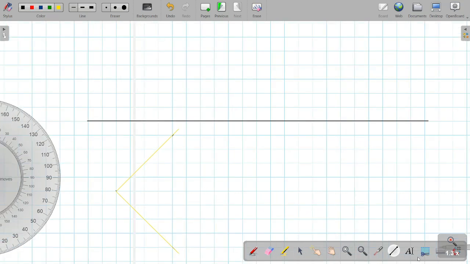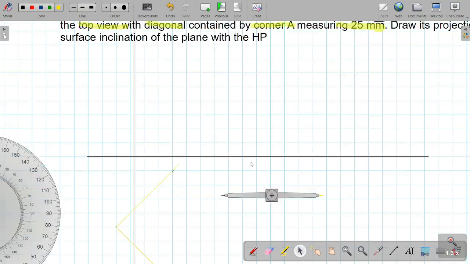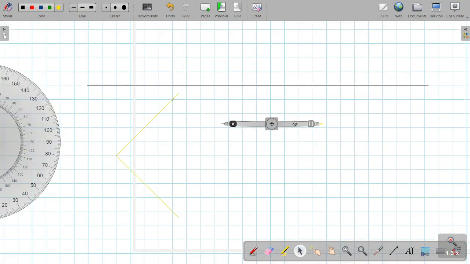Now, taking the compass and measuring the side of the square, which is 50 mm, I will measure 50 mm in the compass, that is 5 centimeters, and keep it on this particular point and make an arc at the top as well as bottom, that is, on both the inclined lines of 45.